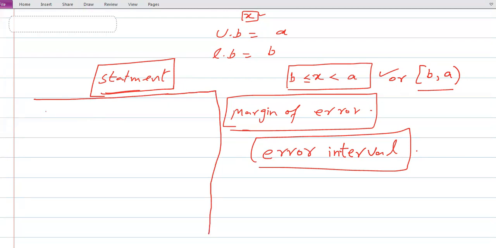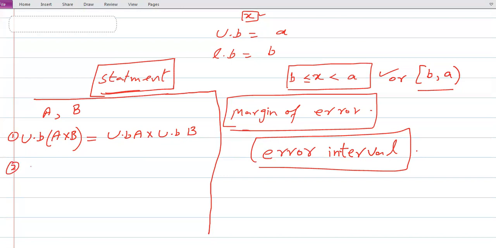Let's suppose there are two numbers, A and B, and you are asked to find the upper bound of A multiply B. The formula will be: upper bound of A multiply B equals upper bound of A multiply upper bound of B. I mean, for multiplication you need the upper bound of both the numbers. This is rule number one.